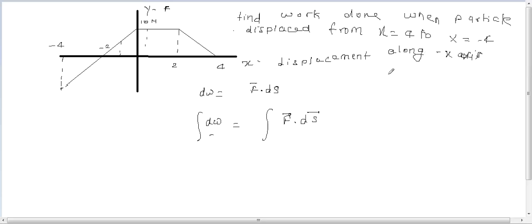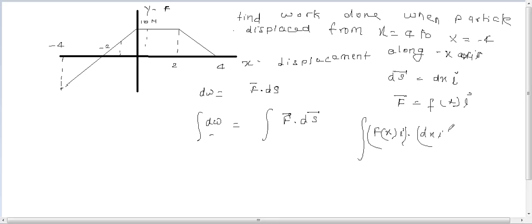So what is the displacement vector? ds is basically dx i. And the force is acting along the x-axis, so the force vector F is equal to F(x) i. So F(x) i dot dx i, we get F(x) dx.